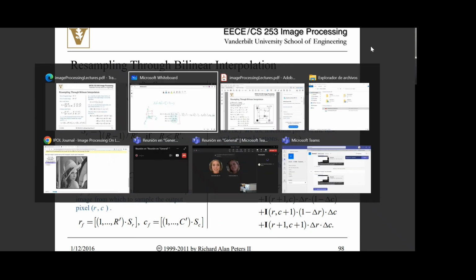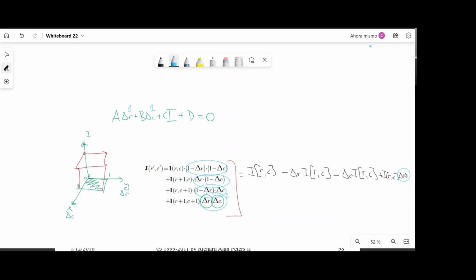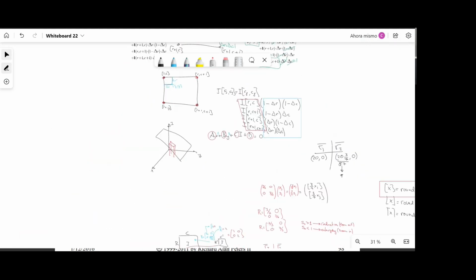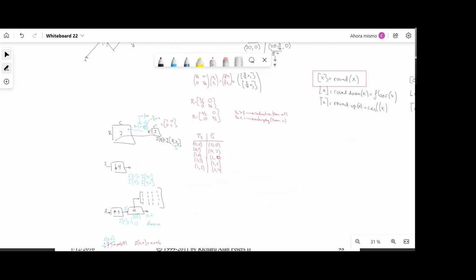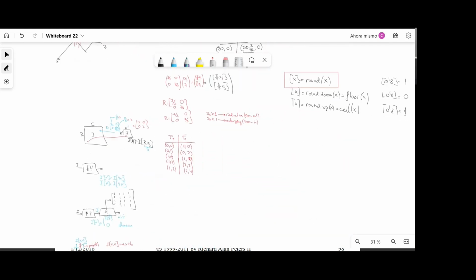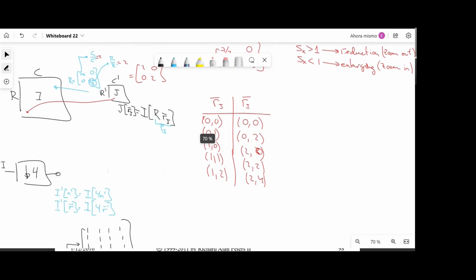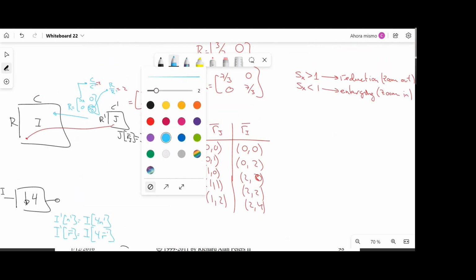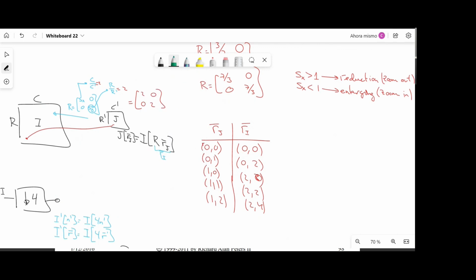So we are back to these transformations that we were having before. So we have here, you see here. So at the end, this is the general scheme.